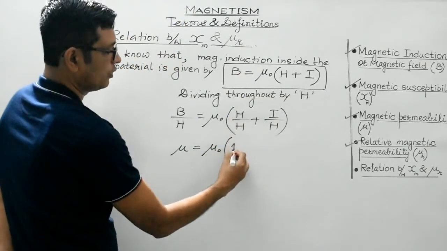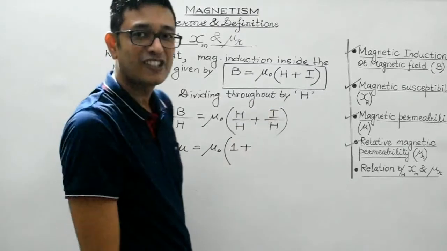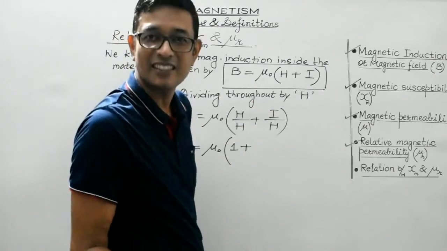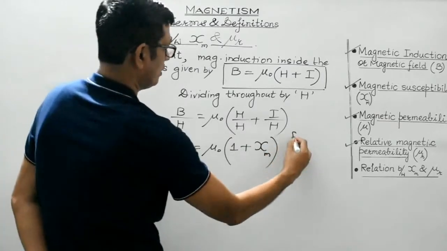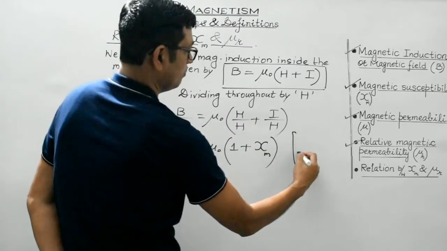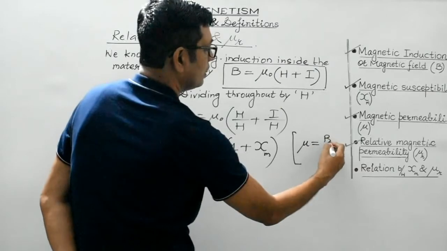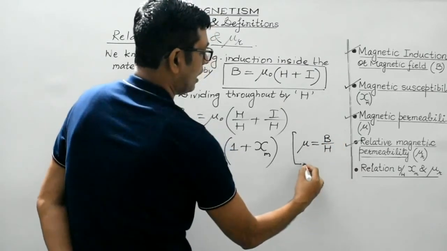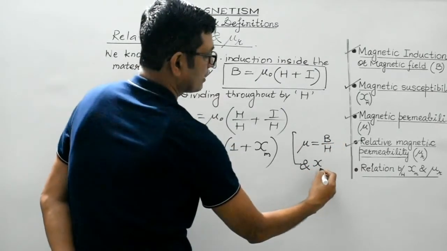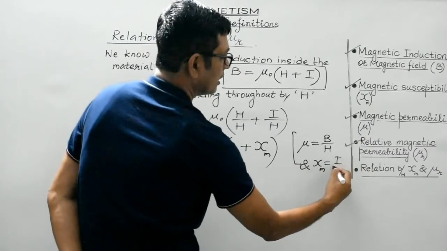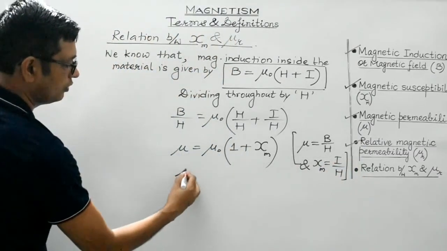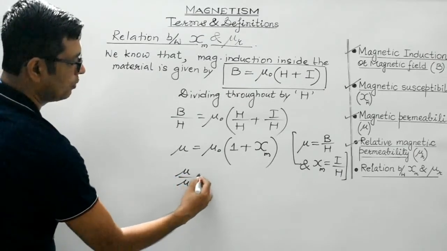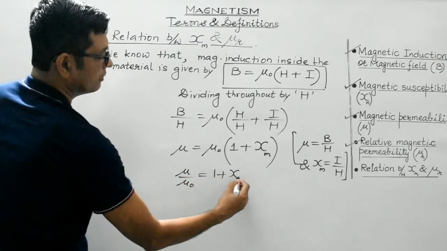H by H will be equal to 1. I by H is magnetic susceptibility. So here you can write it down: mu, magnetic permeability, is B by H, and magnetic susceptibility chi m is I by H, isn't it? Now, still further, mu by mu naught is equal to 1 plus chi m.